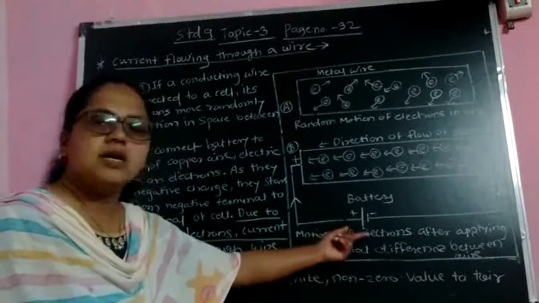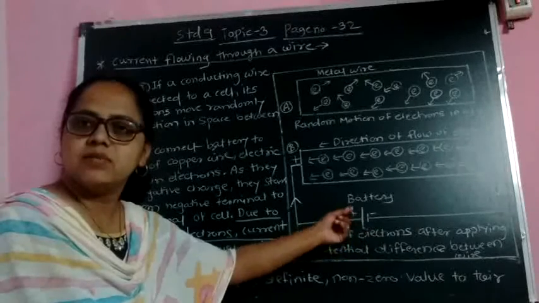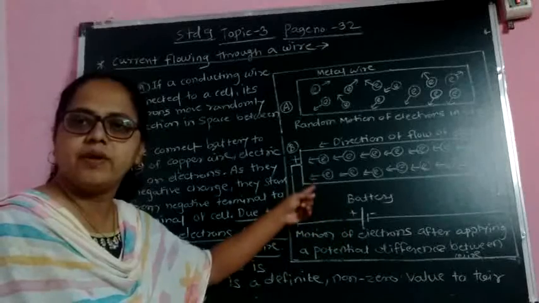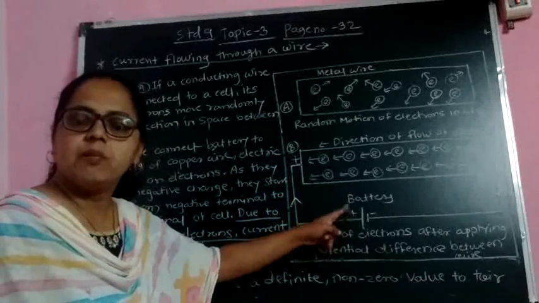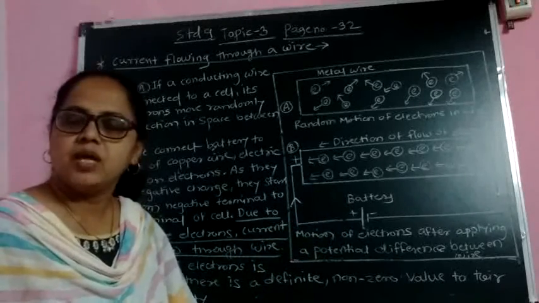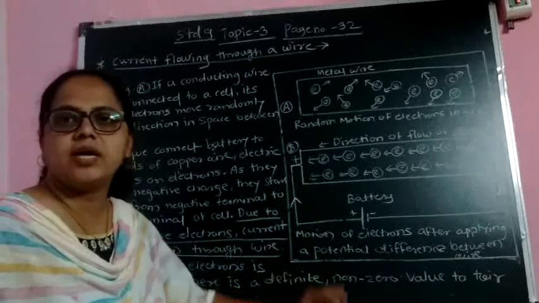That is, we have connected the battery to the copper wire in diagram B. The battery creates a potential difference across the wire, and because of that electrons start to move in a particular direction.